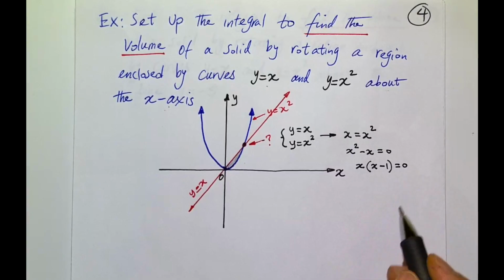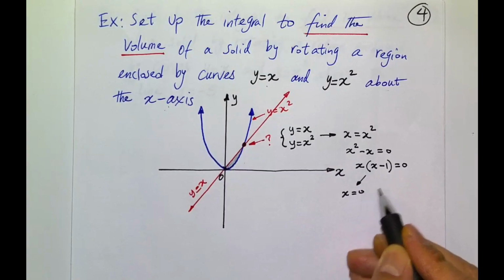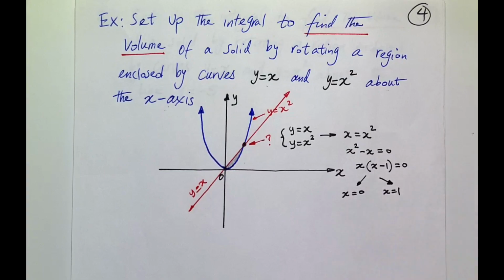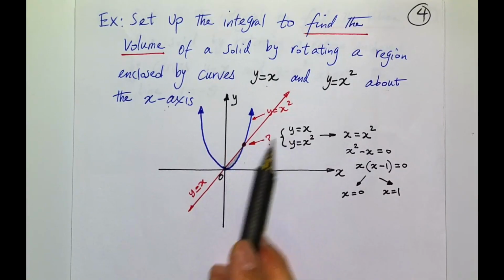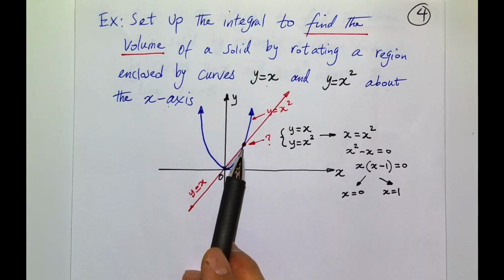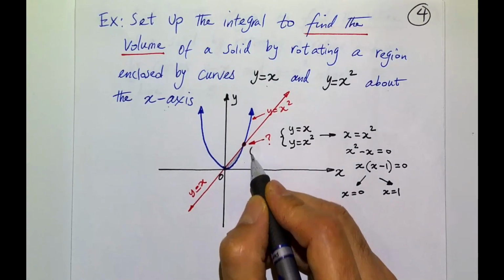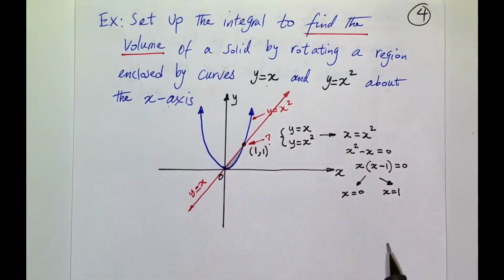And then, of course, from here we can say x equals 0 and x equals 1. And if x equals 1, then we know y should also be 1. So the coordinates of that point are (1, 1). And this one is just the origin.